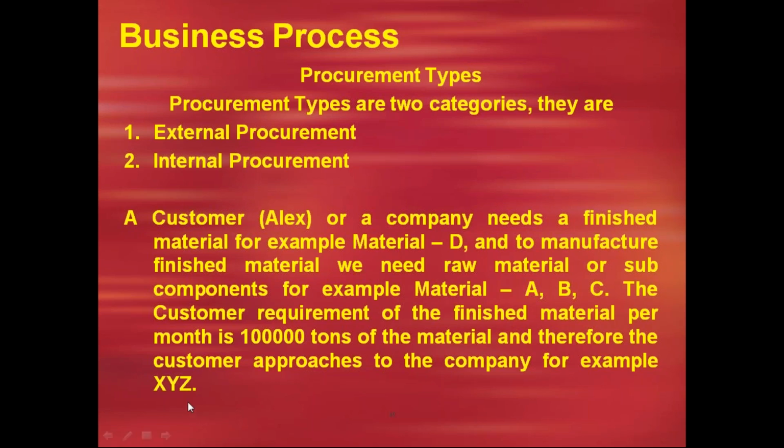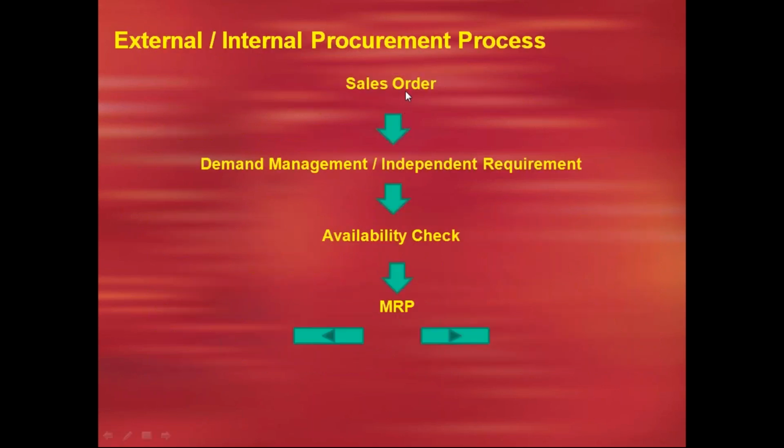So customer and company, the relation between these two will be a sales order. So the business process itself will start from the order called sales order. When the company accepts the requirement, we call it demand management or independent requirement.